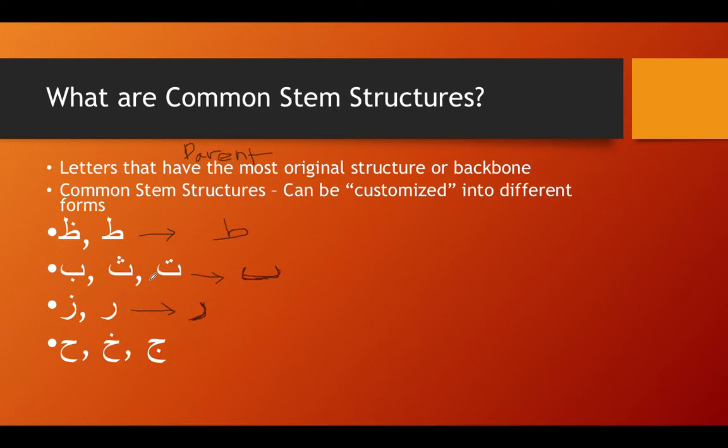So it's almost like homographs too. They look the same, but they have different sounds and possibly different meanings, okay? And the same idea is for ha, kha, and jim. These are three letters that are very similar to the example I put here on ba, tha, and ta. So they all arise from this common structure here, okay?